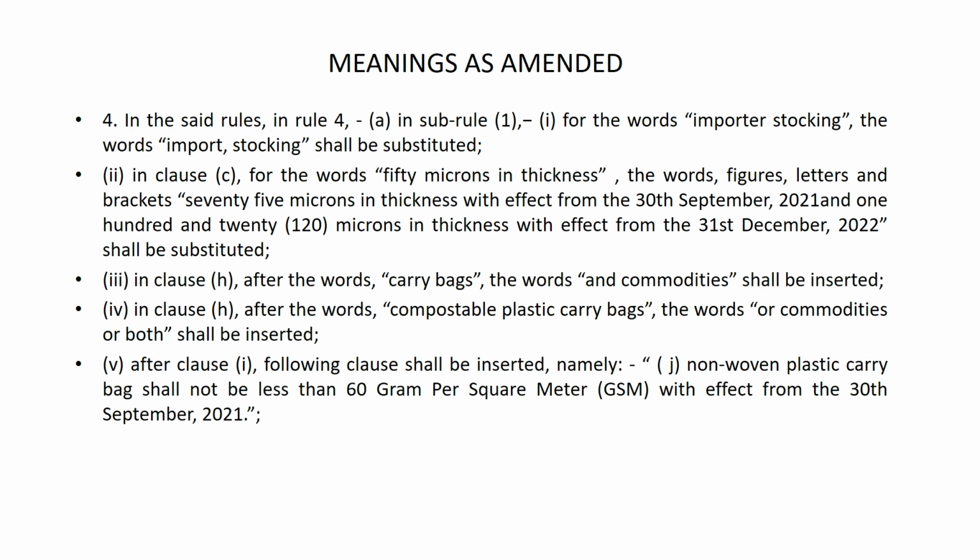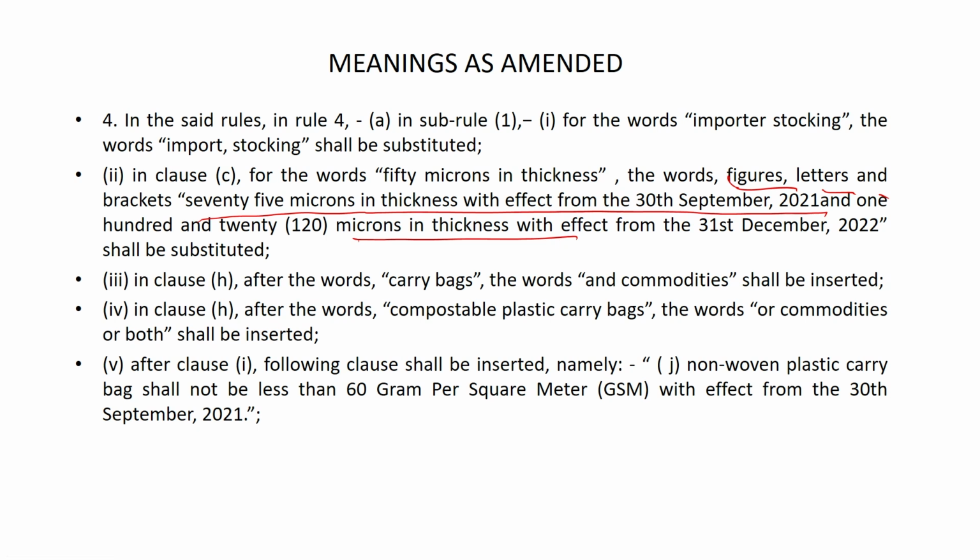For the words importer stocking, the words import stocking shall be substituted. For the words 50 microns in thickness, the words, figures, letters and brackets 75 microns in thickness with effect from 30th September 2021 and 120 microns in thickness from 31st December 2022 are to be substituted.